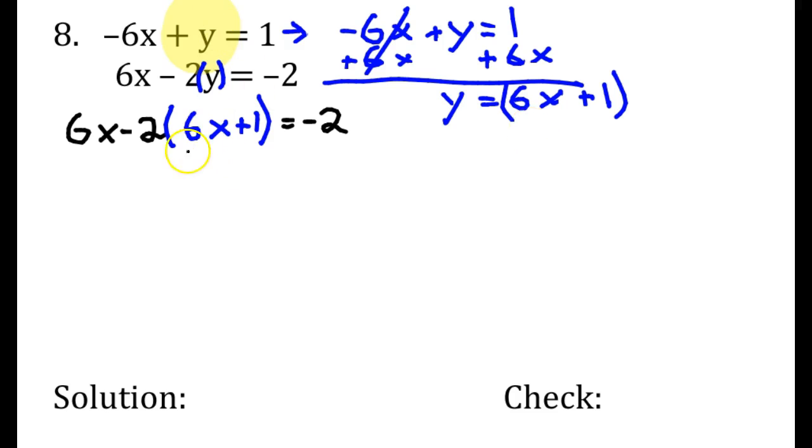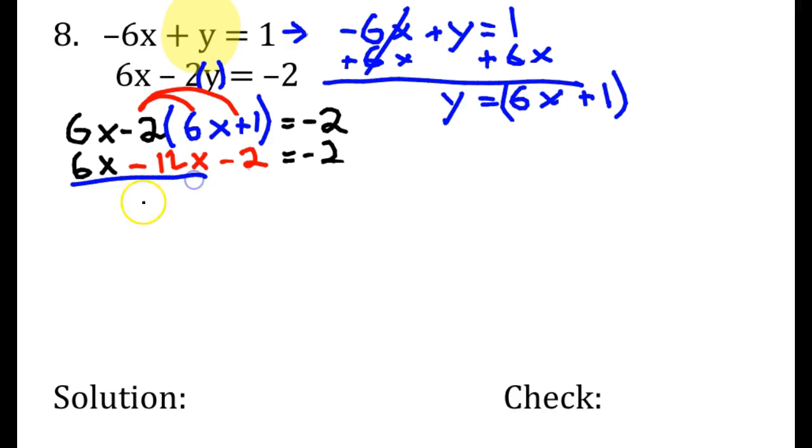I've asked this many times, but just to make sure we still got it, what number is in front of the parentheses here? Yeah, negative 2. So make sure you do negative 2 times 6x and negative 2 times positive 1. So we got 6x minus 12x, which is negative 6x.